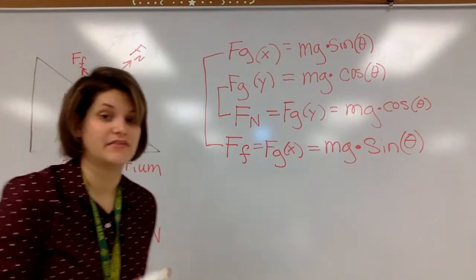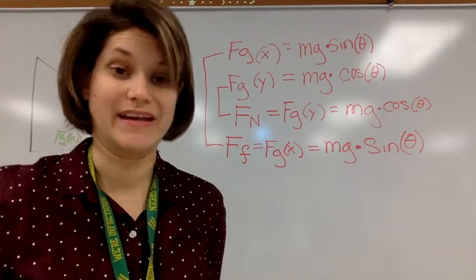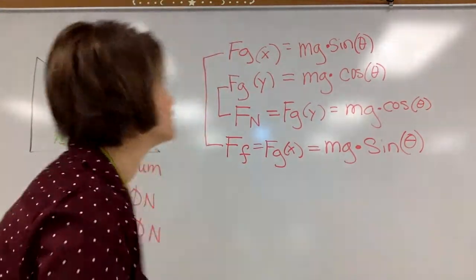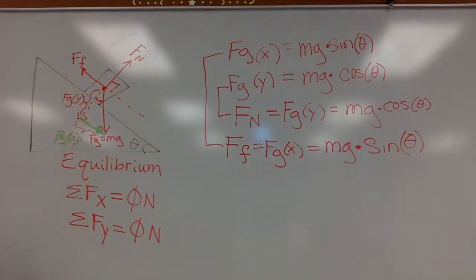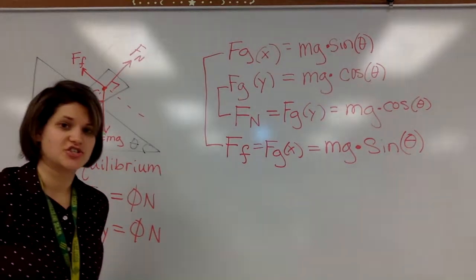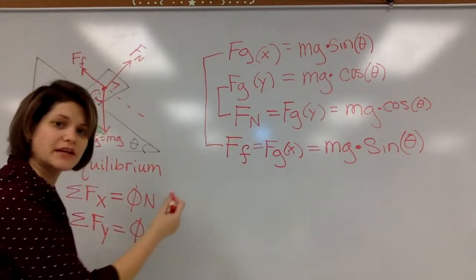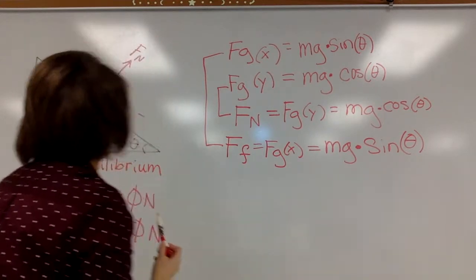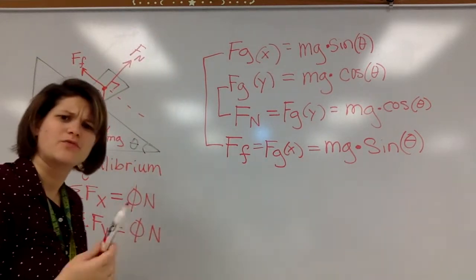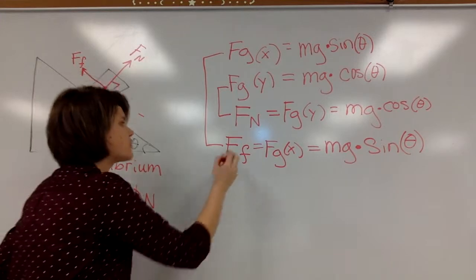Or, well, you're at least not given m, because we know that g is 9.8 every time. Remember? So we have to figure out some other relationship for the friction.